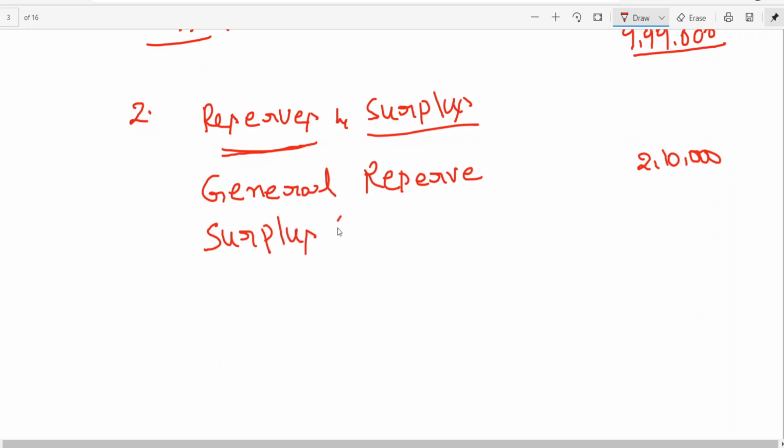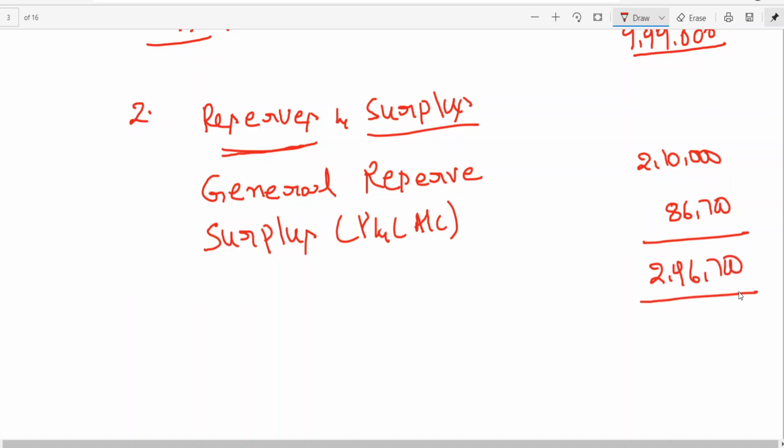Surplus. P&L account, and that too showing with credit balance, we are writing surplus. It is 86,700. Total two lakh 96,700, because this is only balance sheet, no appropriations.